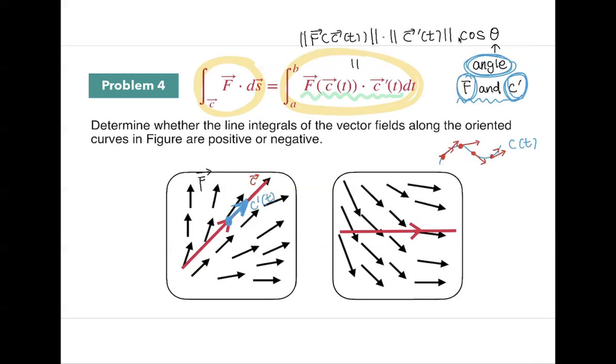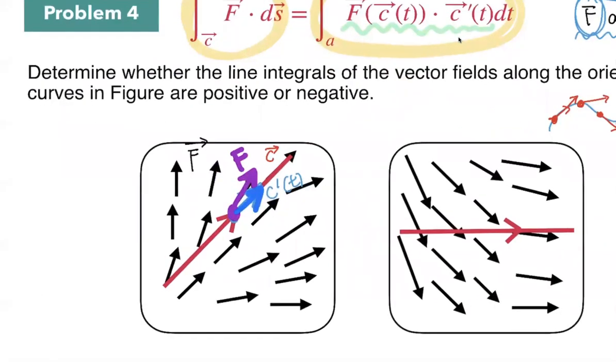Which color is better? I'm not sure. Purple. That's purple. So f is given like this. Okay, this is f, and this was c prime of t, and as you can see here, this angle must be an acute angle.